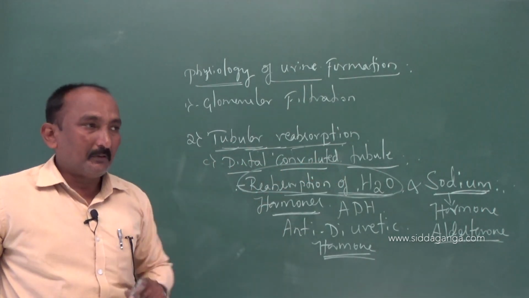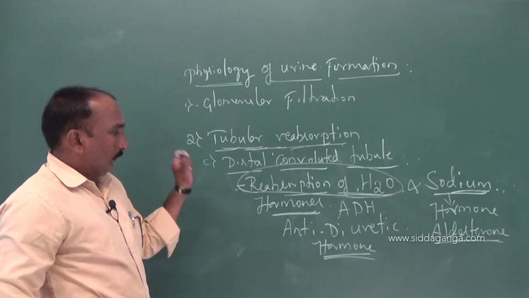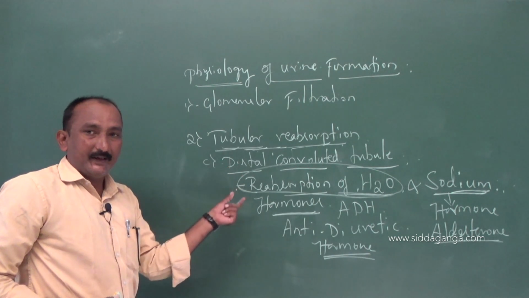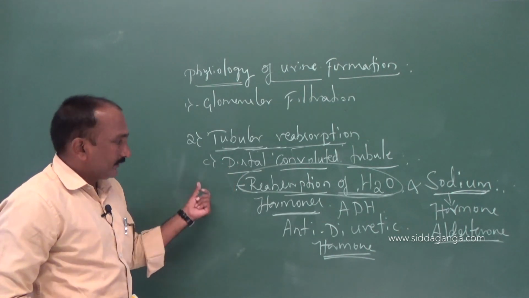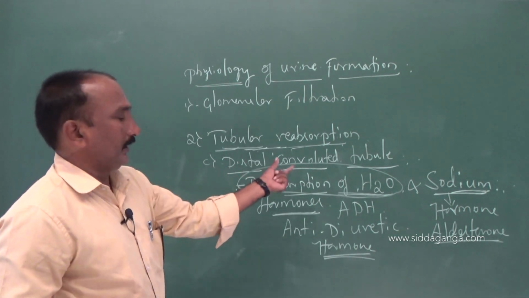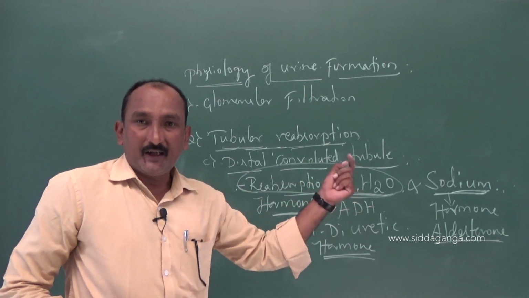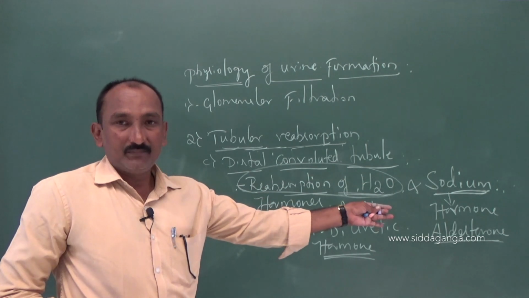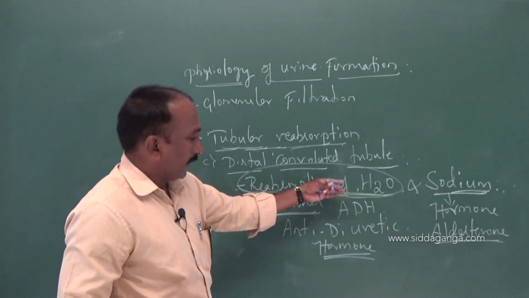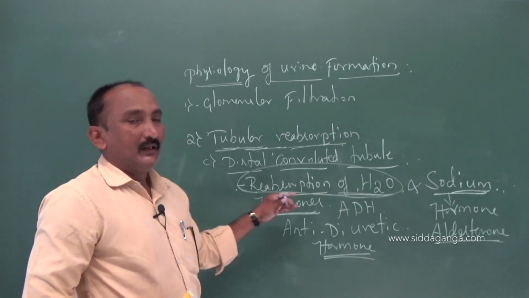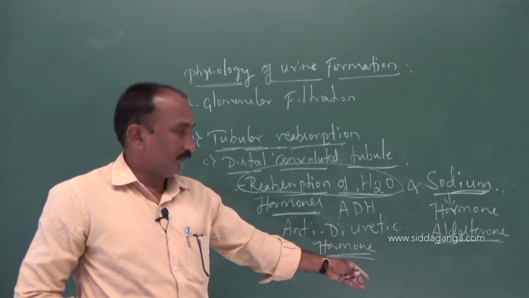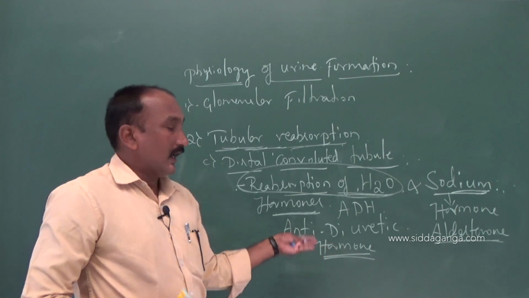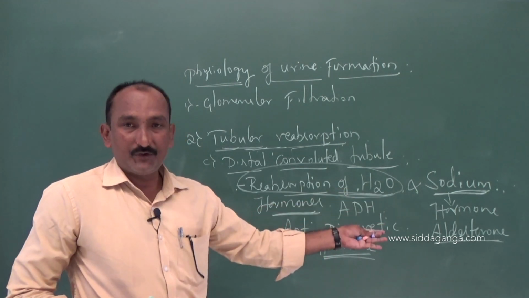So you must know, with regard to tubular reabsorption, the involvement of the distal convoluted tubule, which can reabsorb especially water and sodium. Water is reabsorbed under the influence of antidiuretic hormone. Sodium is also reabsorbed under the influence of aldosterone.